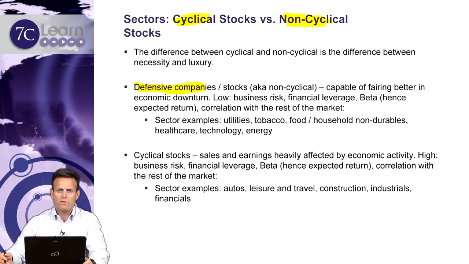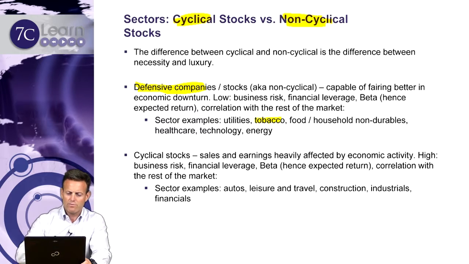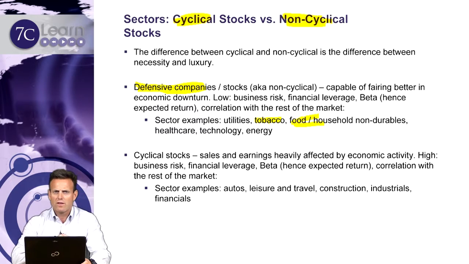Okay, and everything is within reason or within degrees. So this is what we would expect to see under most scenarios. I'm not saying that this is an absolute, but under most scenarios, you would expect things like tobacco to continue to be smoked. You would expect household non-durables, food, consumables to continue to be consumed.